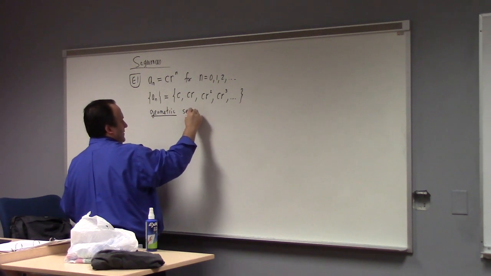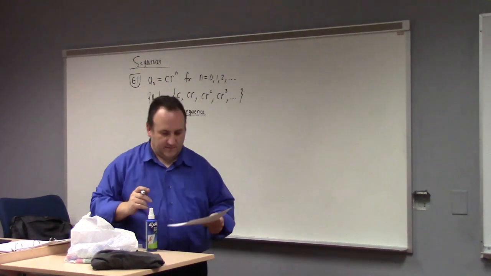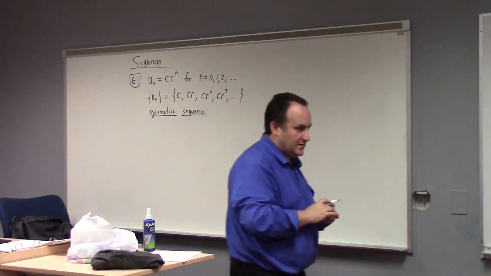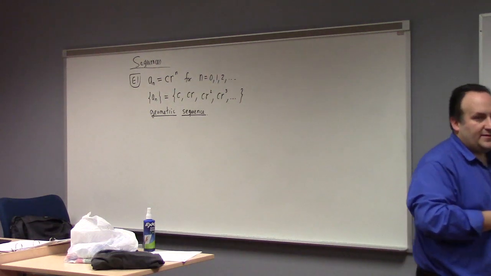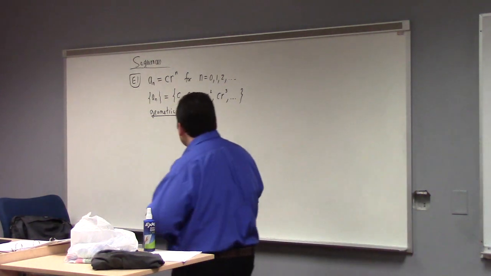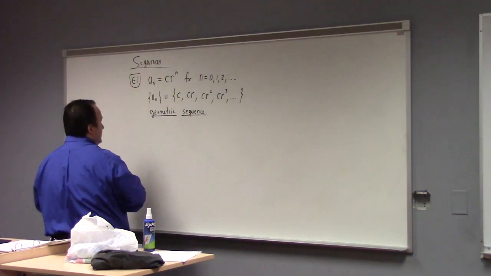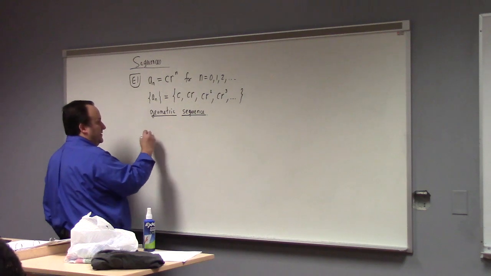So let's see here. How would you tell if a given sequence is a geometric sequence? Like, how could you characterize it? If it's a variable to the nth power, right. Let me think if I can think of one here. How about this one?